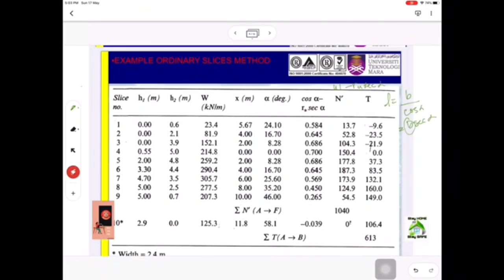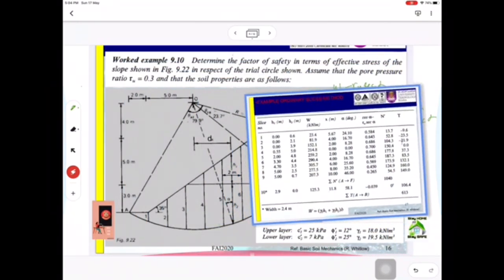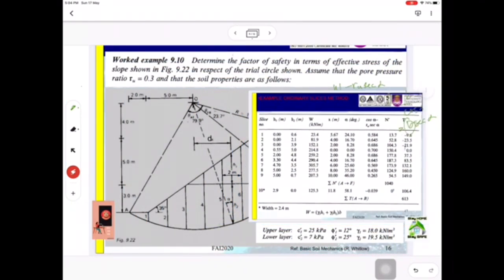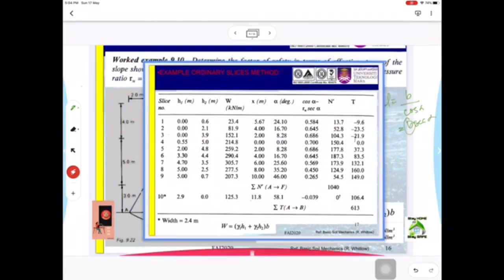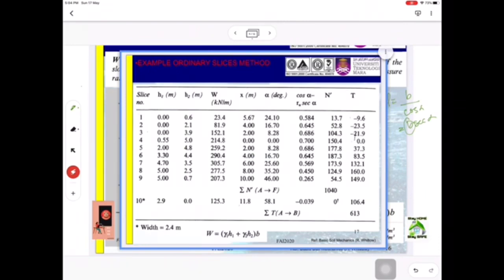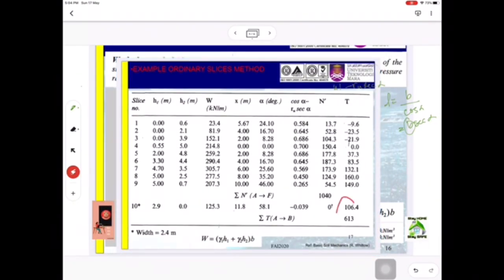Get this for each slice, and then you will get N prime, and then you will get T. So negative, the first 3 is negative because you can see 1, 2, 3 is on the left side of the point O. So finally some T value.